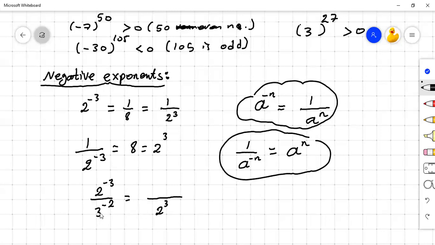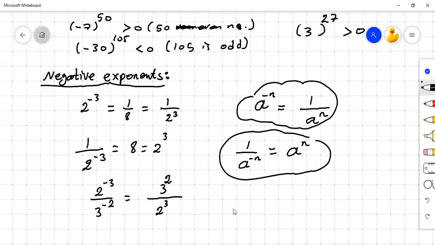And 3 exponent minus 2, again, we can flip to the numerator, so we can write 3 exponent 2. So it's 3 exponent 2 over 2 exponent 3.